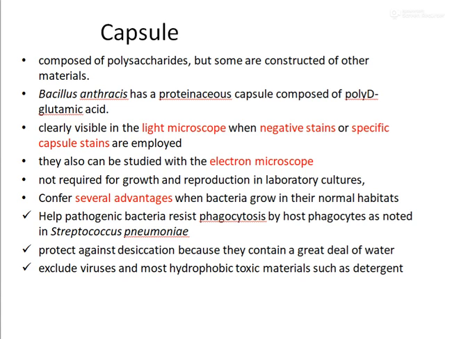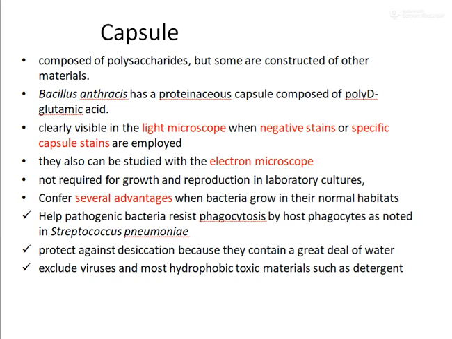The first one we need to talk about is the capsule. Capsules are composed of polysaccharides, and sometimes they are constructed of other materials also. Not all bacteria have a capsule; some bacteria have capsules, some do not.